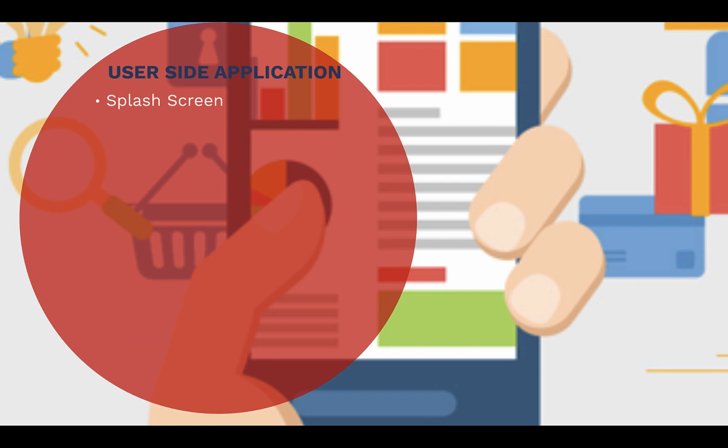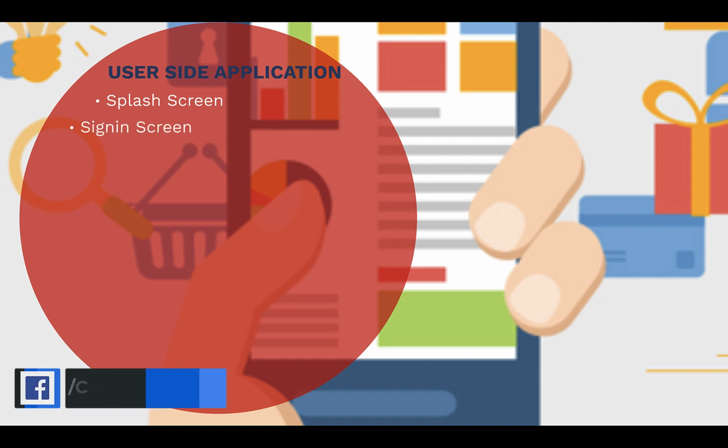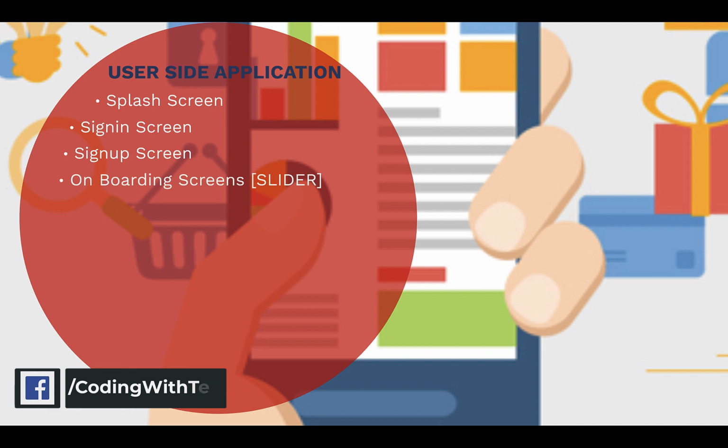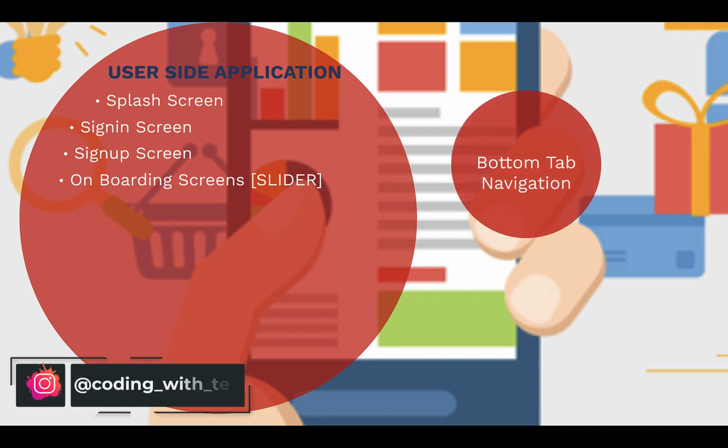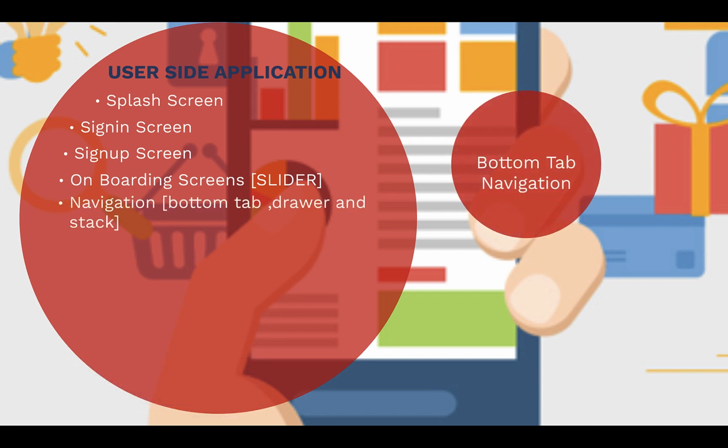Now in the design section, this application is all about the user-side application. Let me tell you some of the main screens which we'll be building, like the splash screen, sign up, sign in, and the onboarding screen swiper, which will contain 4 different screens. We'll be using all the navigation, like bottom tab, stack navigator and drawer navigator.